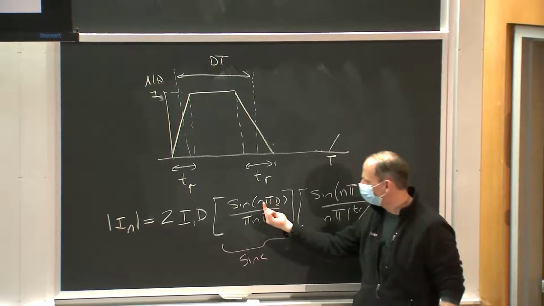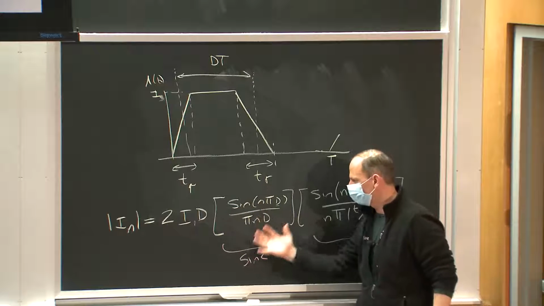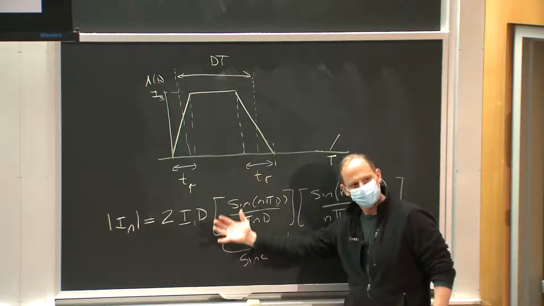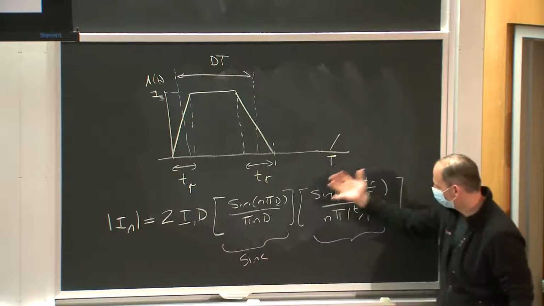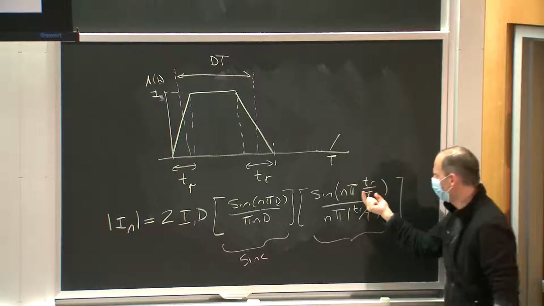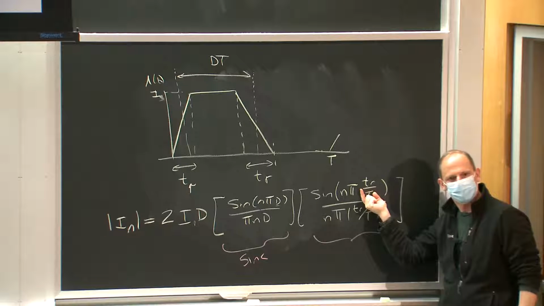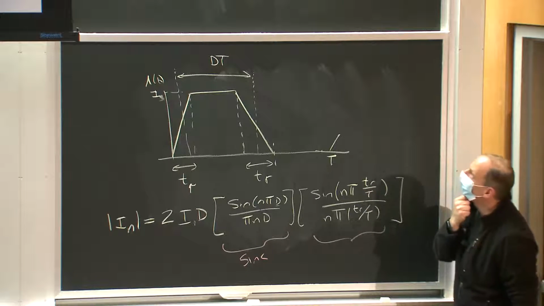And this is for the nth harmonic, so it's at the nth frequency, right? So this is multiples of the switching frequency, essentially, where these appear. And this sinc function is related to sort of the slew rate normalized to the period, the percentage rise time, if you will, okay? Why do I raise that?